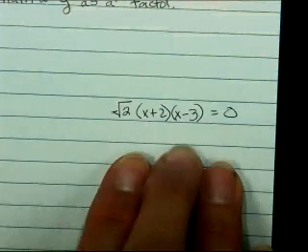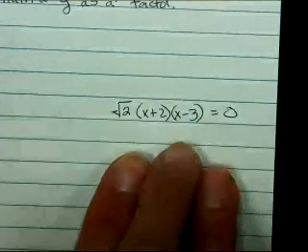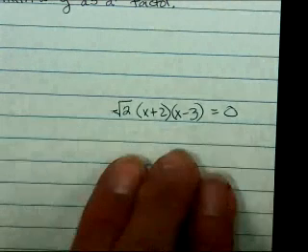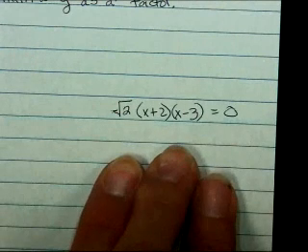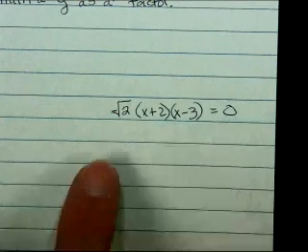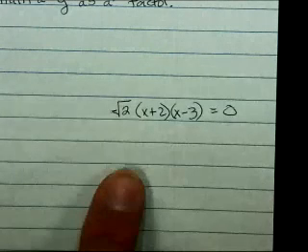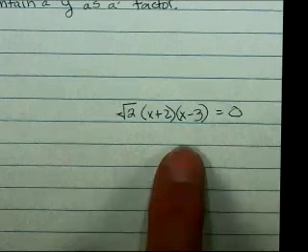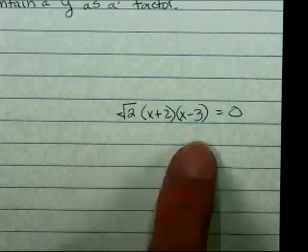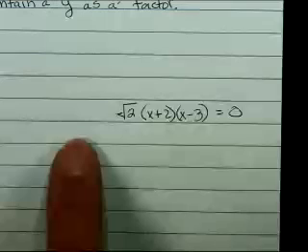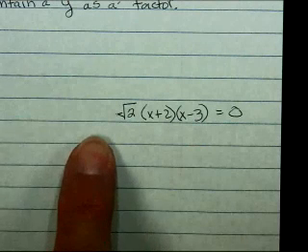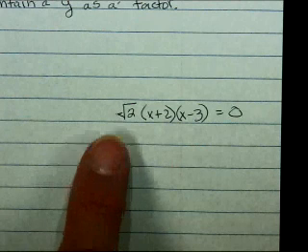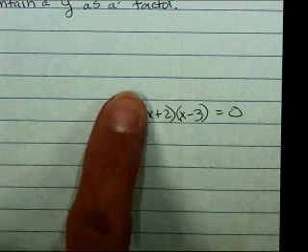When I have something in factored form and set equal to 0, my next step is set each factor equal to 0, right? But when you set square root of 2 equal to 0, does that give you a solution? No. You only get two solutions here, negative 2 and positive 3. You can either think square root of 2 equals 0 doesn't give you a solution, or you can think divide both sides by square root of 2 and then that's gone.